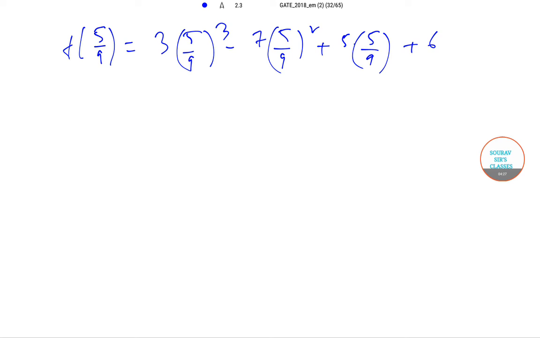Upon solving this, we find that the value of f(5/9) is equal to 7.13. We have already found that f(0) is equal to 6 and f(2) is equal to 12.